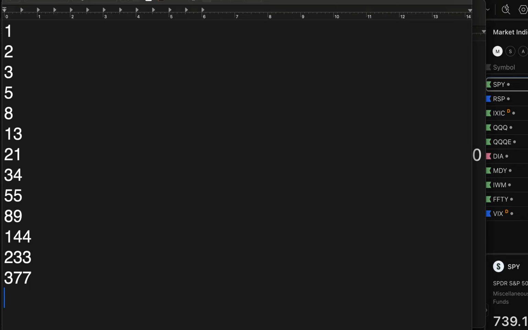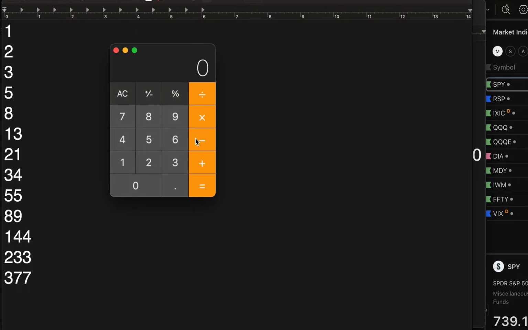And the reason why I like to use Fibonacci numbers for the exponential moving averages is because from one number to the next, the ratio is preserved. The ratio between Fibonacci numbers is the golden ratio, 1.618. So say you start here with 5, and you want to get the next one, if you multiply by 1.618, you get 8, approximately.